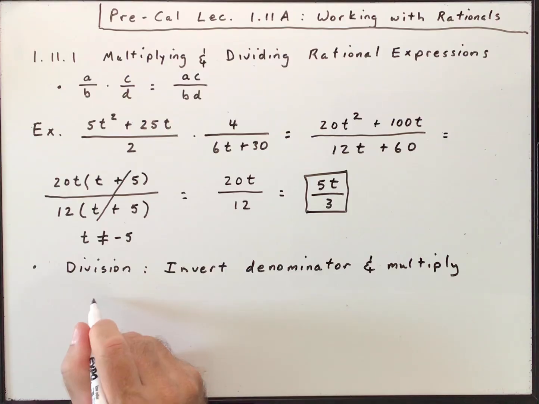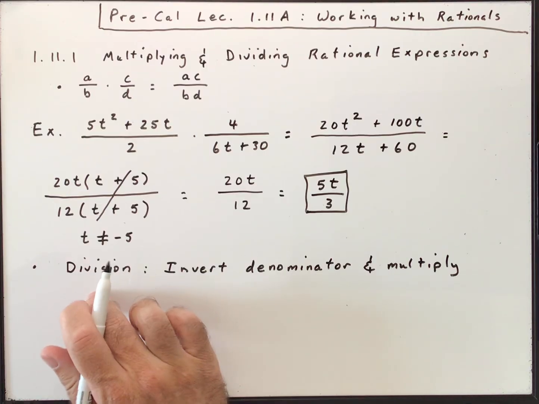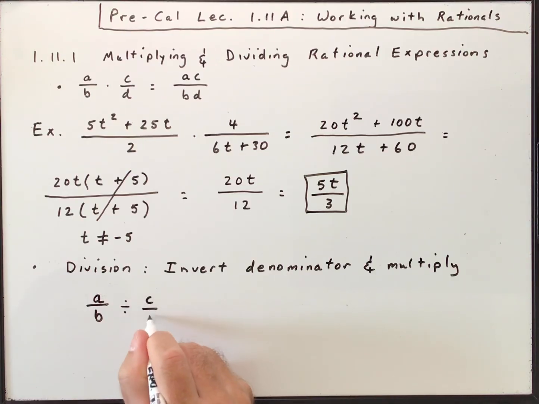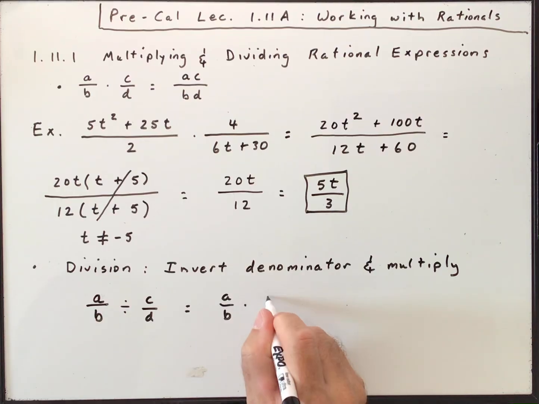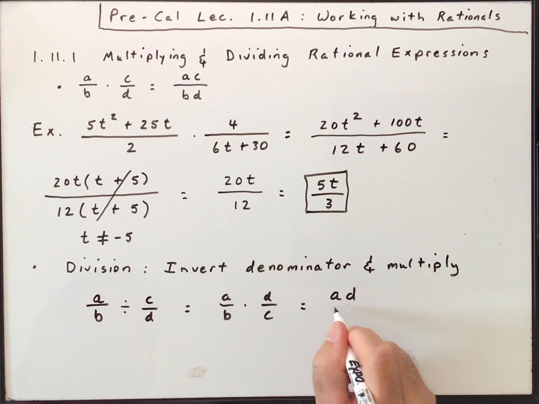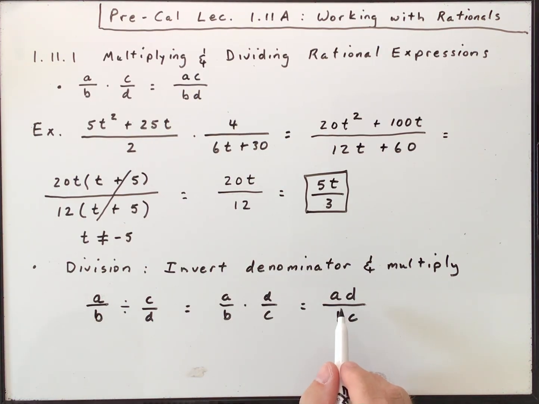So if we have a over b, it's not a very good a, sorry about that. There we go. A over b divided by c over d, that's the same thing as a over b times d over c, which would give you AD over BC.